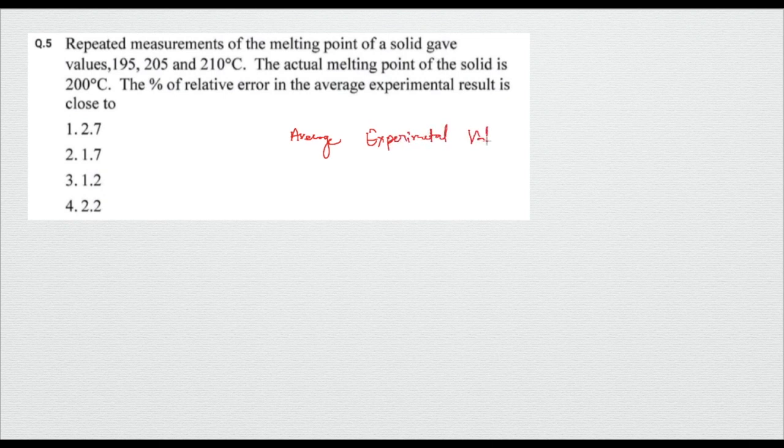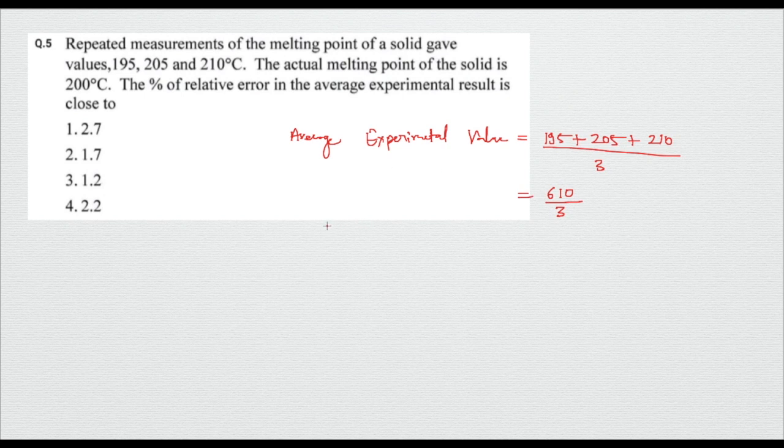That will be given by adding all of them, so 195 plus 205 plus 210, divided by 3, right? So the average value will come out to be 610 divided by 3. That's the average value which you are going to get.